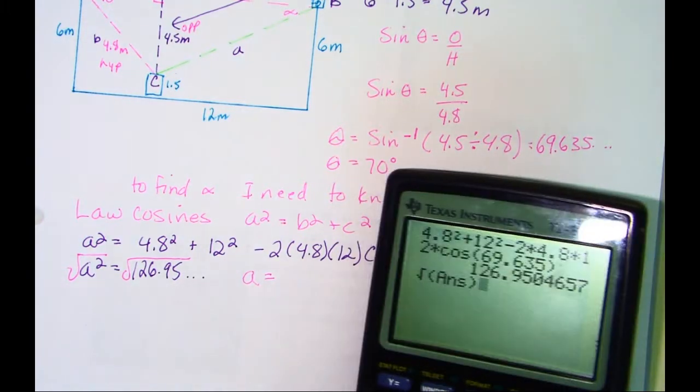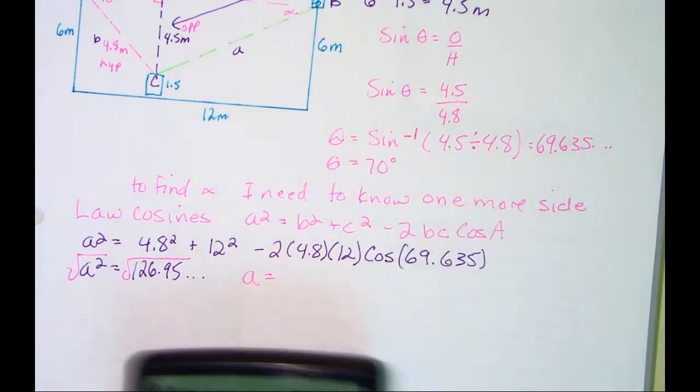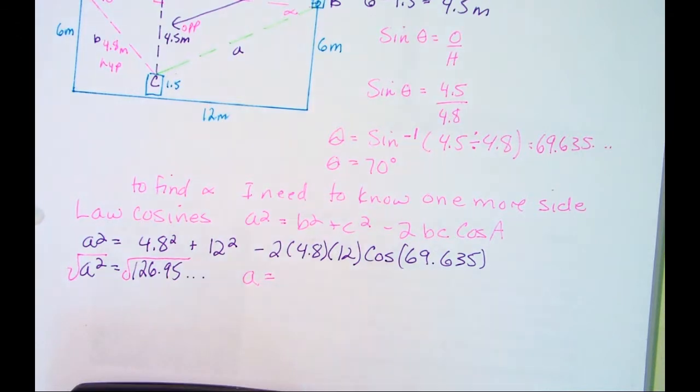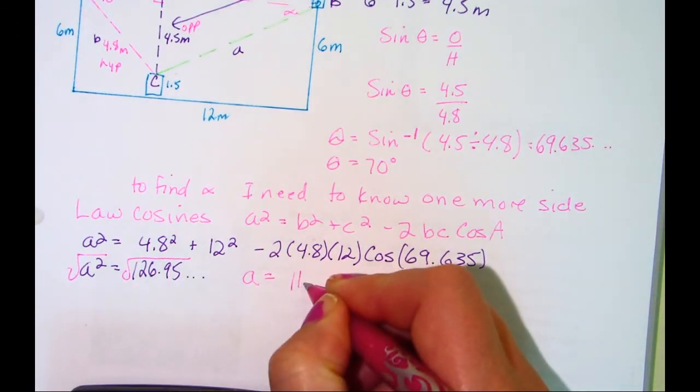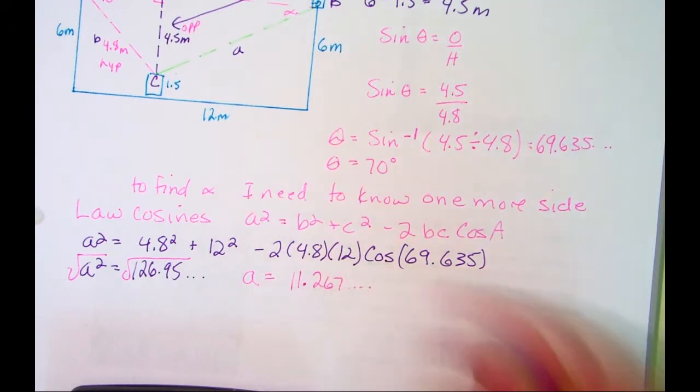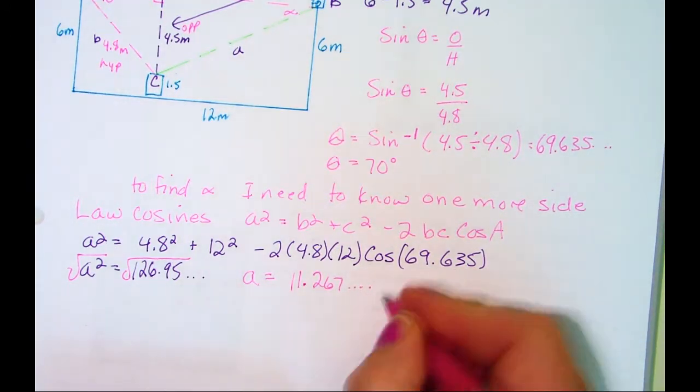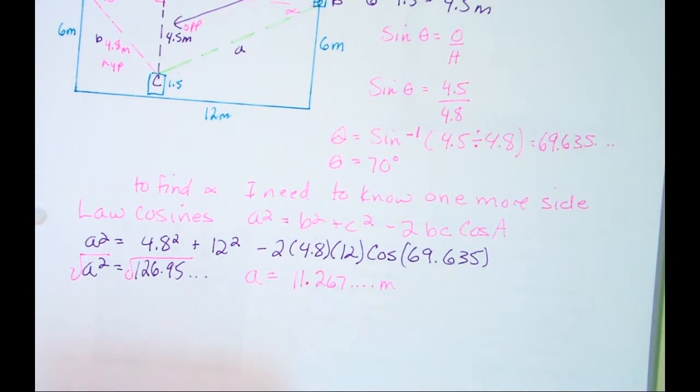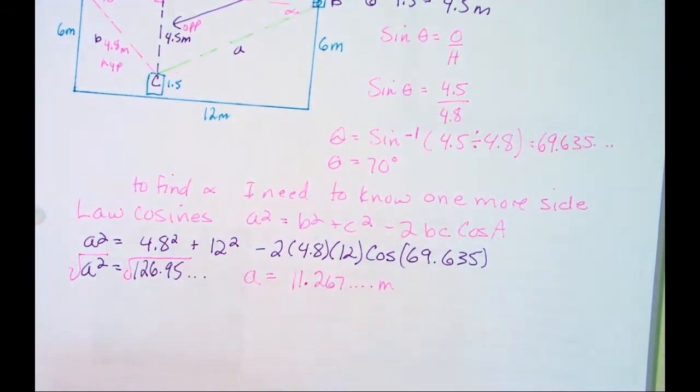And that's just a short way of doing that, right? Just putting the answer in. A equals 11.3. Yeah, I went to 3 decimal places, but.